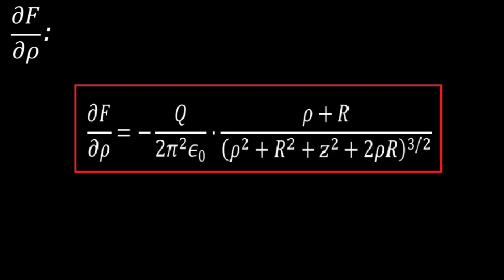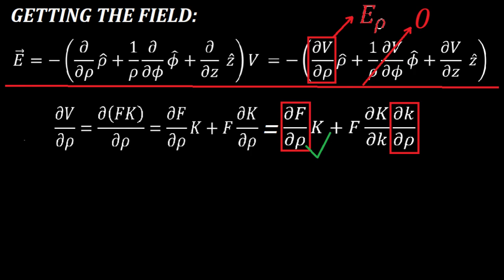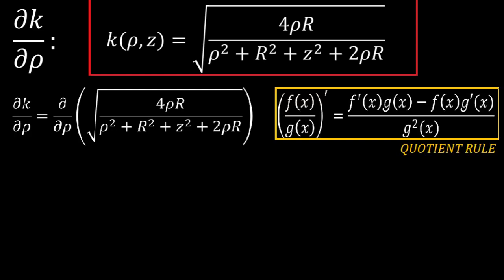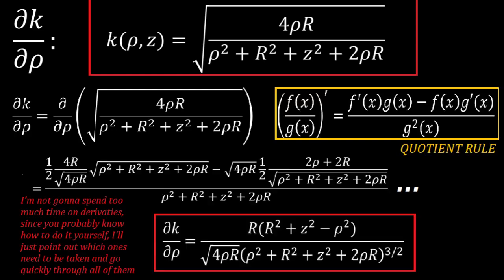Now let's do this dk by d rho derivative. We have rho in both the numerator and the denominator, so we'll use the quotient rule. Once we do that, we get the following. And yeah, it looks really nasty, but this isn't even the whole thing, because we need to multiply this with the derivative of the elliptic integral.